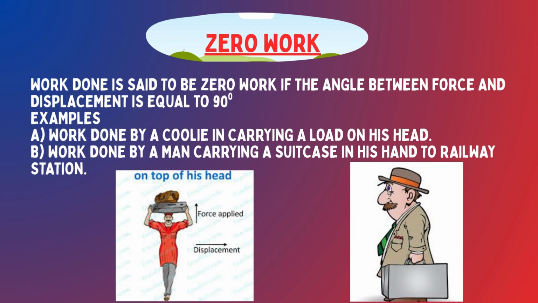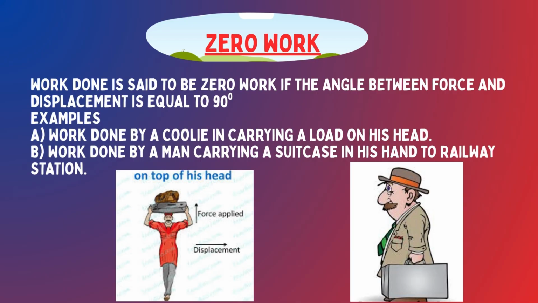Work done by a coolie in carrying a load on his head is zero work, because the force applied by the coolie on the load acts in upward direction while displacement is in forward direction. So the direction of displacement and the direction of applied force are inclined to each other at an angle of 90 degree. So no work is done, or work done is zero.